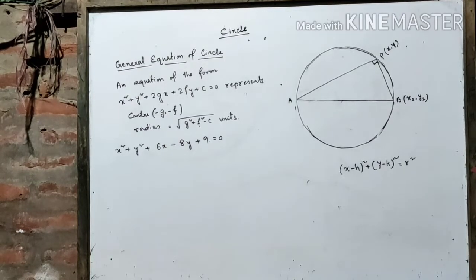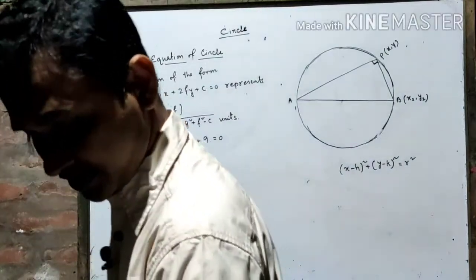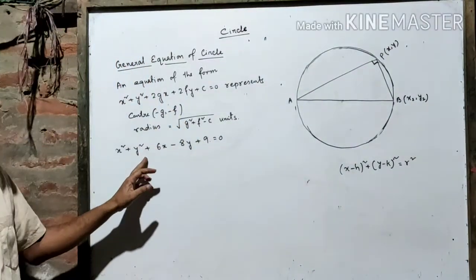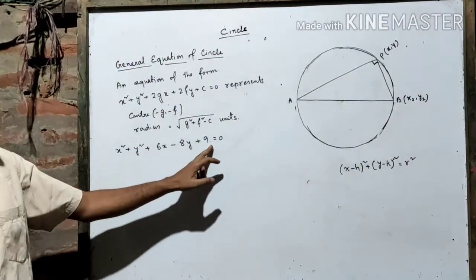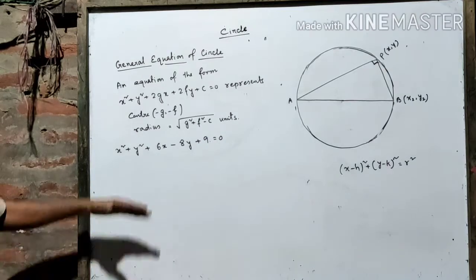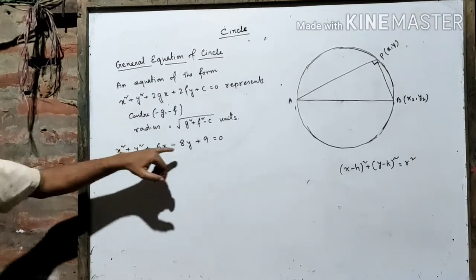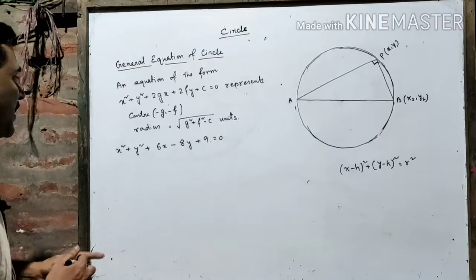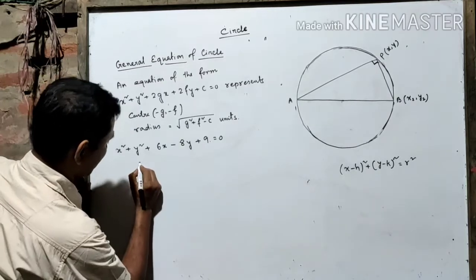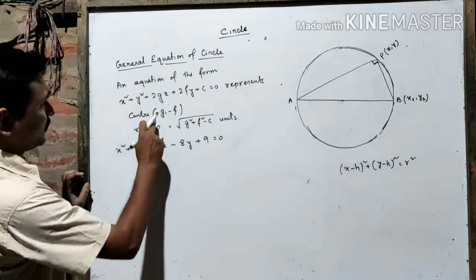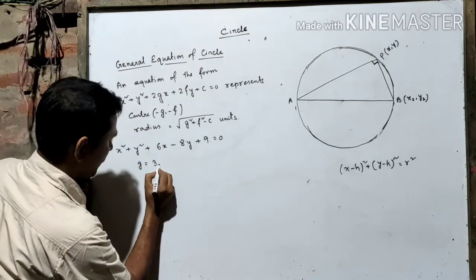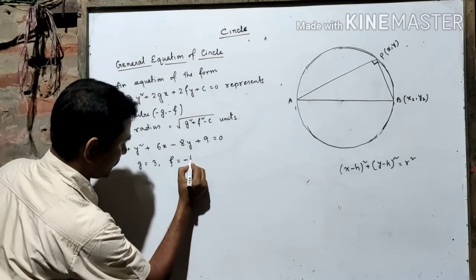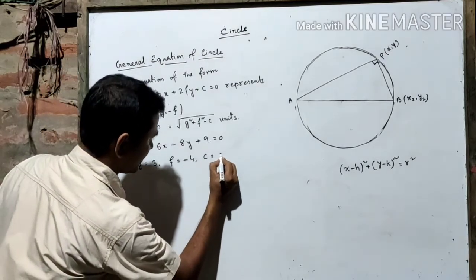Suppose we are given an equation which is x² + y² + 6x − 8y + 9 = 0. If we compare this equation with the general equation, we find that here g is equal to 3, f is equal to −4 and c is equal to 9.